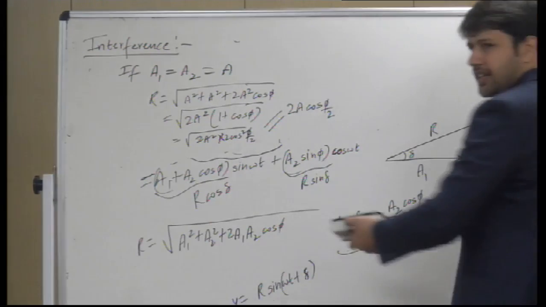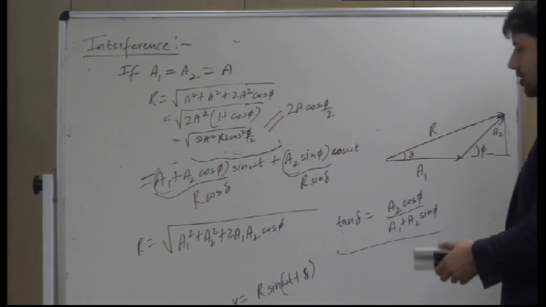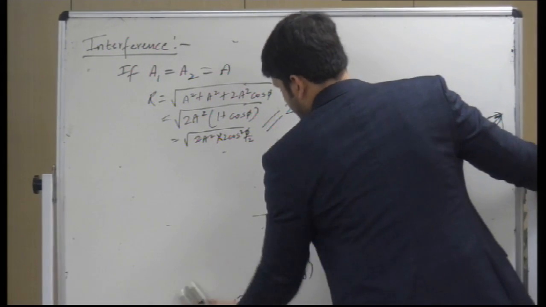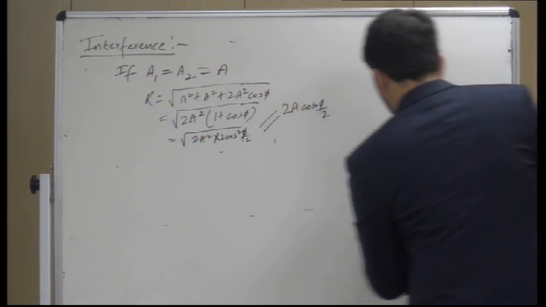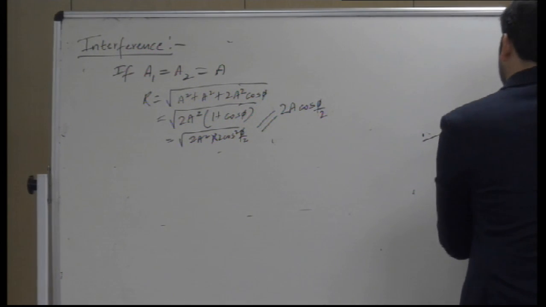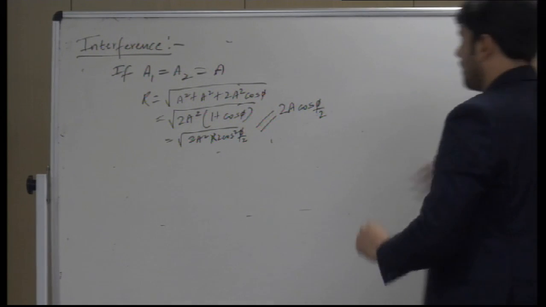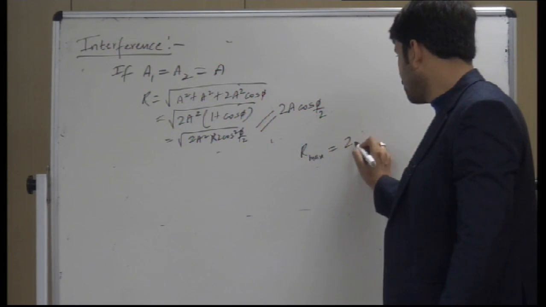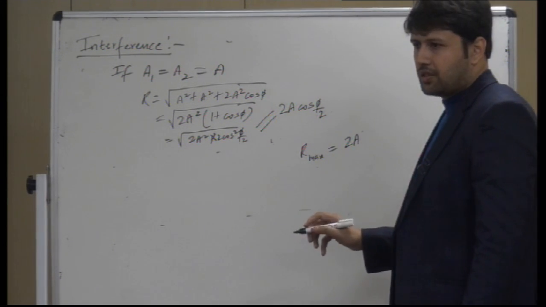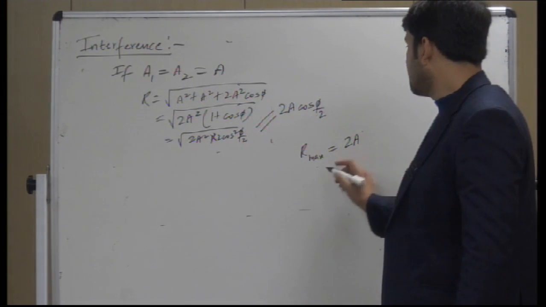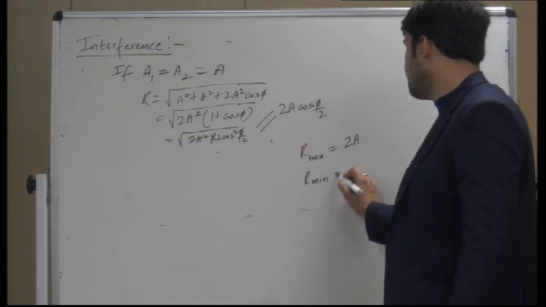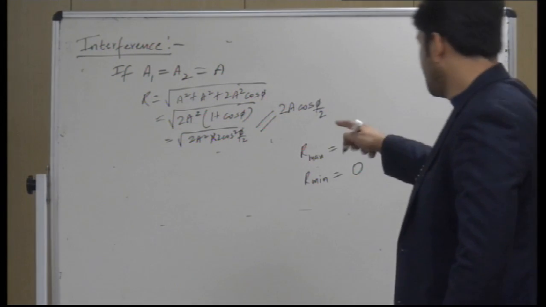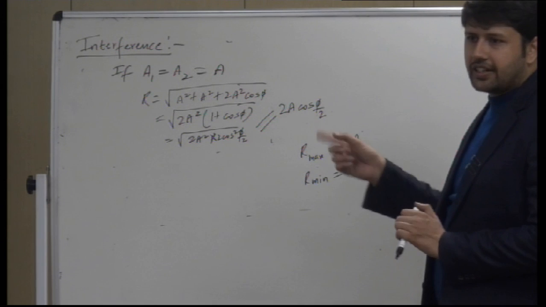I guess it's all done. From here you can see the maximum value of the resultant is 2a, and the minimum value of the resultant can be 0. This is the resultant amplitude.